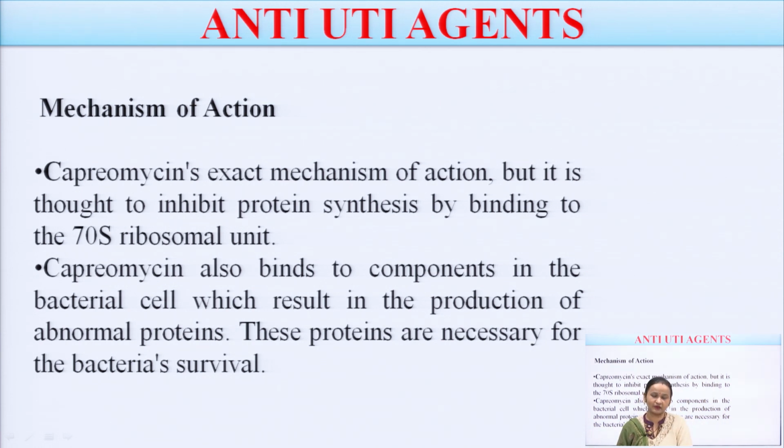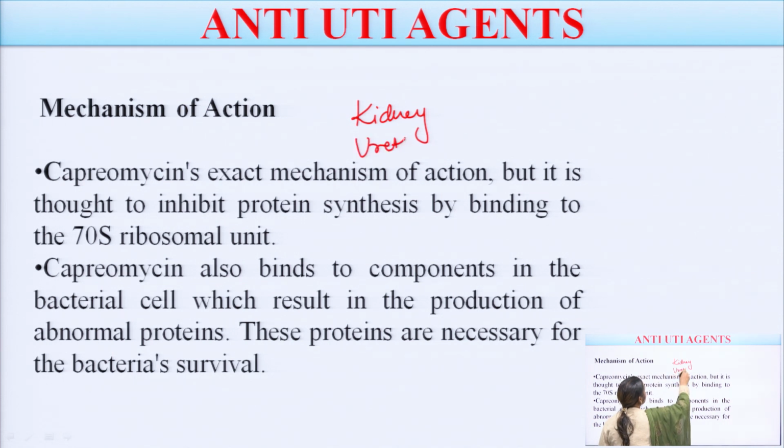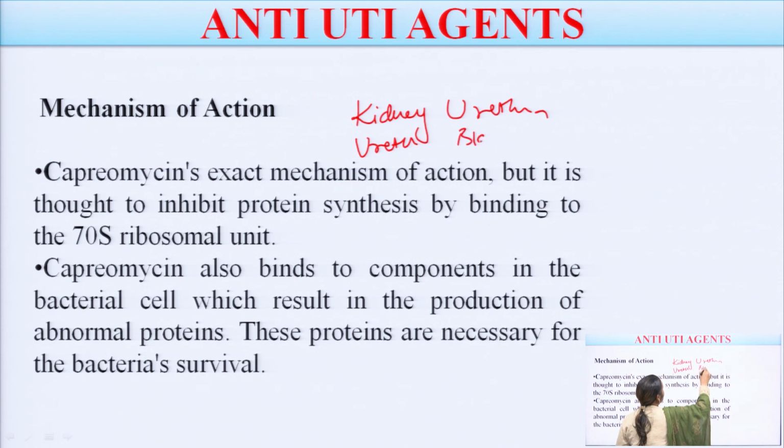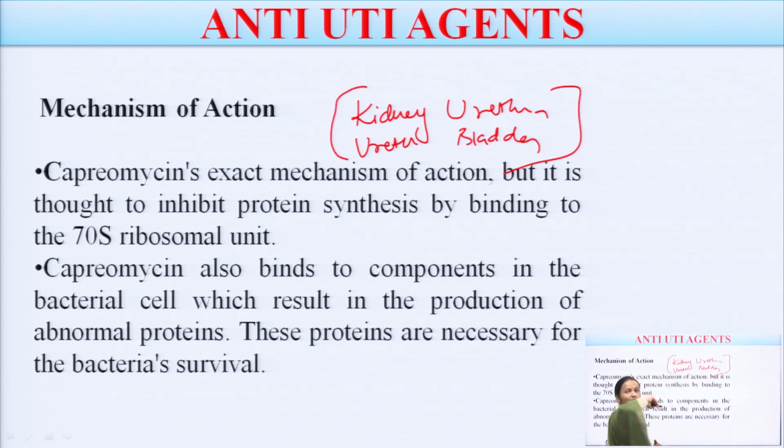Again revising what we have seen: what is urinary tract infection. Urinary tract infection is an infection in the kidney, ureter, urethra and bladder. These are the 4 parts of the human body, and if infection occurs in these, it is known as urinary tract infection.